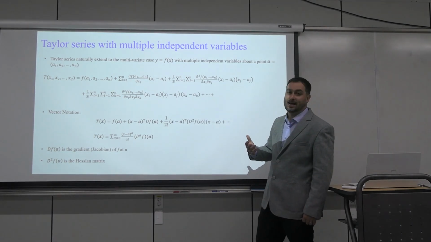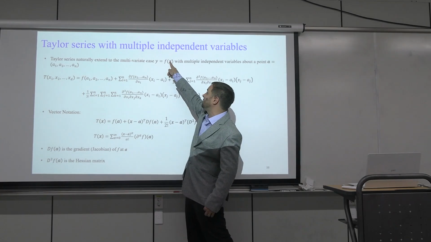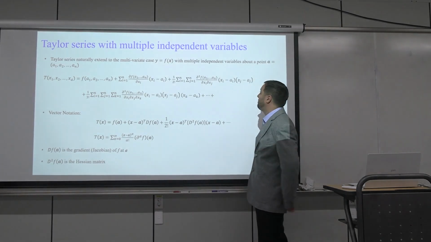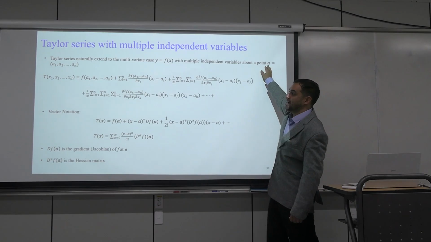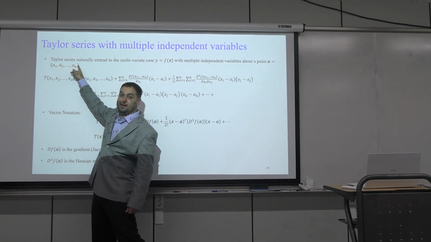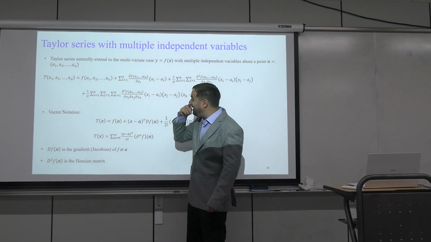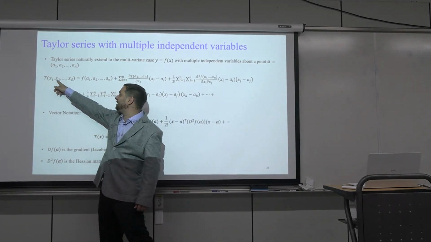And so we can extend the Taylor series to the multivariate case, y equals f of x, where x is the vector of input parameters. And still the point a is now a point in the multidimensional input space. So I'm going to call it now the Taylor series expansion.